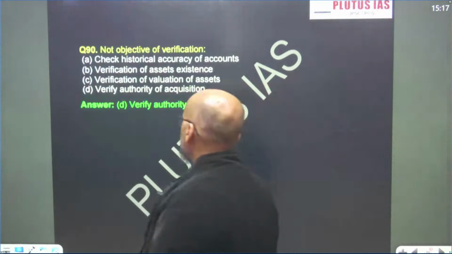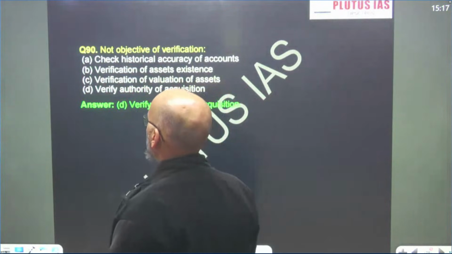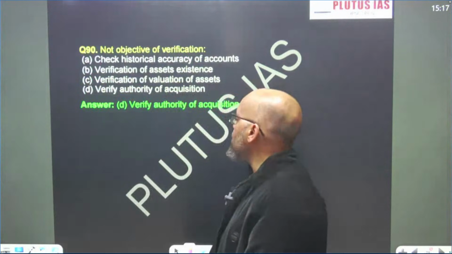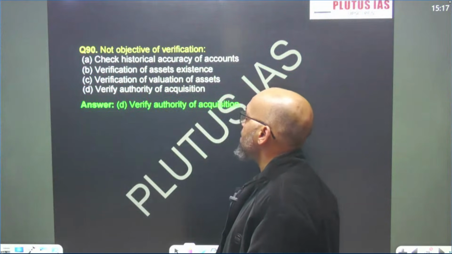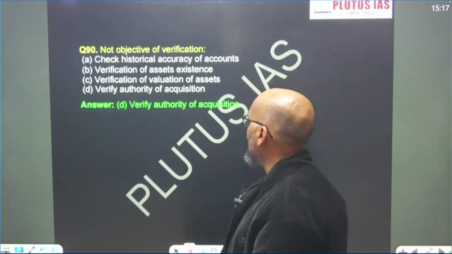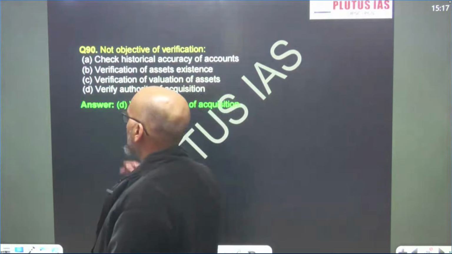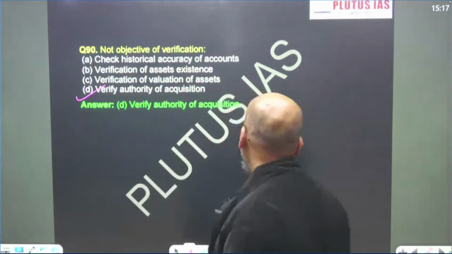Next is not objective of verification. Option A, check historical accuracy of accounts. B, verification of assets existence. C, verification of valuation of assets. D, verify authority of acquisition. Option D, that is verify authority of acquisition.